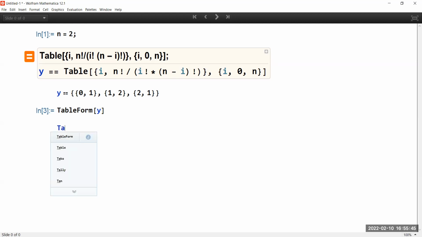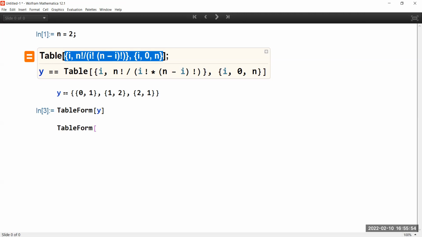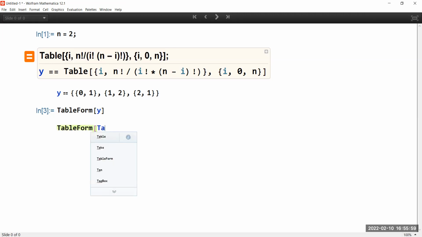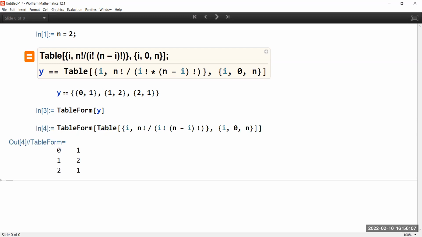Okay, table form, open parentheses. I'm going to copy this expression because I think it's correct. I just want to reproduce a result that we did earlier. So we have no heads, one state, one value.